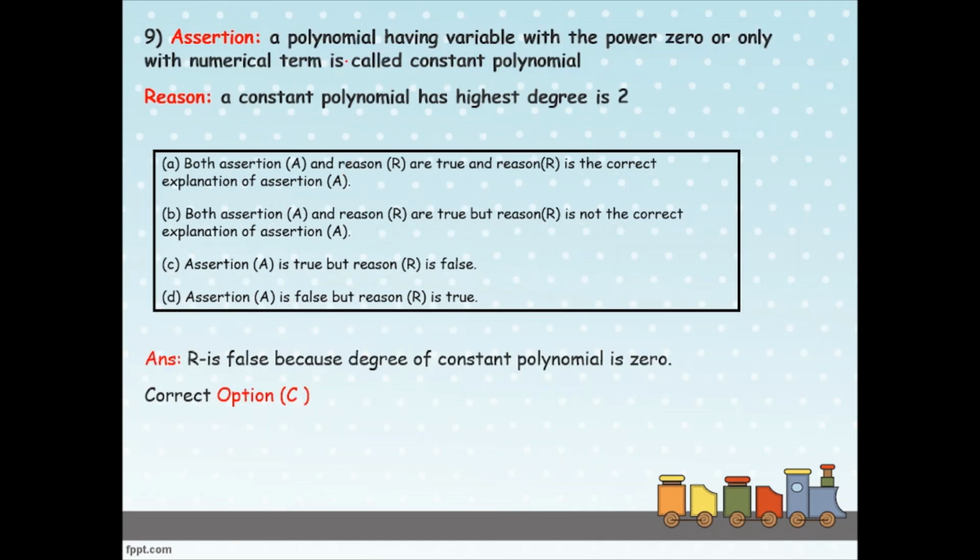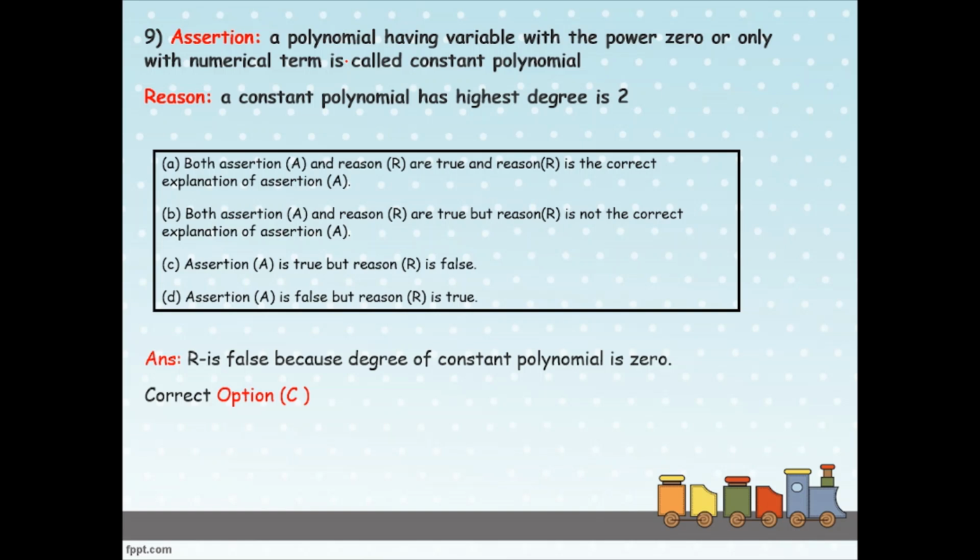A polynomial having a variable with the power 0, or only a numerical term, is called a constant polynomial. In a constant polynomial, imagine the variable is with the power 0. So we can consider that the power is 0 and it is also a numerical term itself, right? So the assertion is a perfect statement and it is true. The reason is: a constant polynomial has highest degree 2.